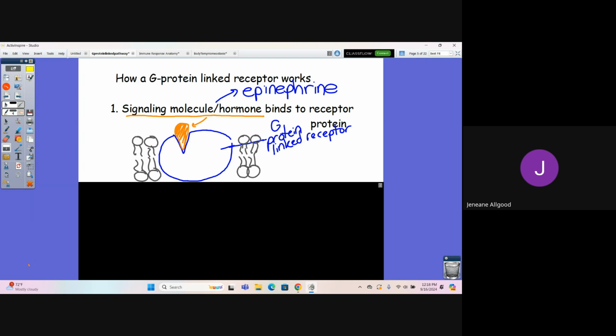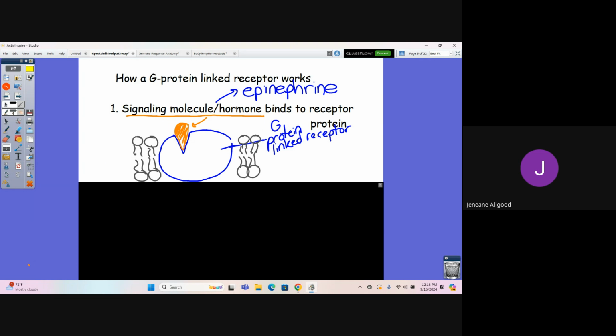Okay, so again, today and tomorrow we're talking about protein-based hormone pathways. They're not quite as generic as the steroid hormone pathway is. And so the receptor for these protein-based hormones is going to be in the cell membrane because protein-based hormones are polar, and polar things cannot get through the membrane unassisted.